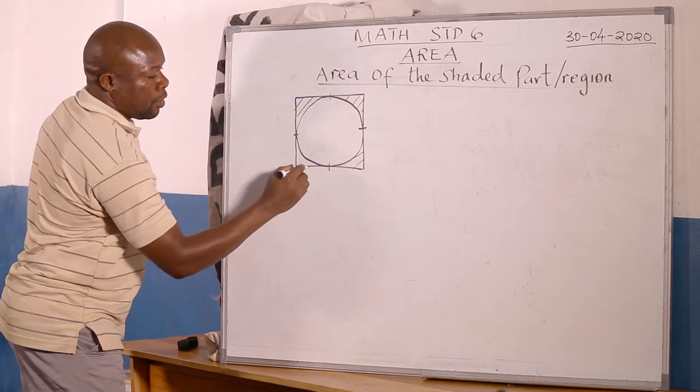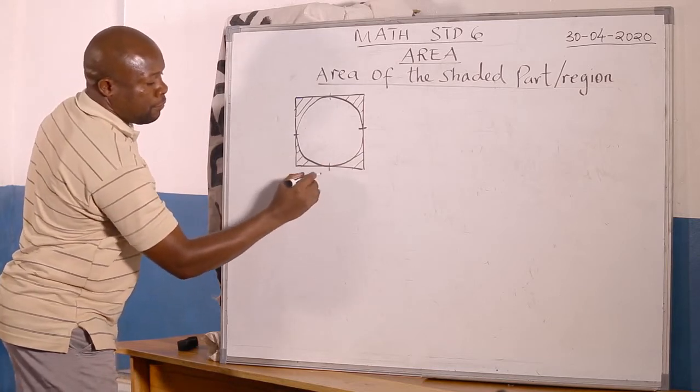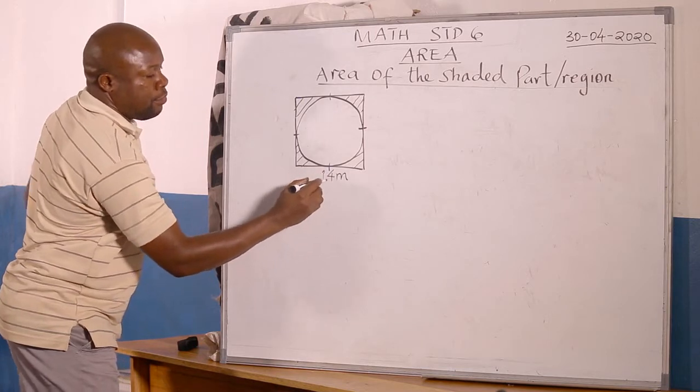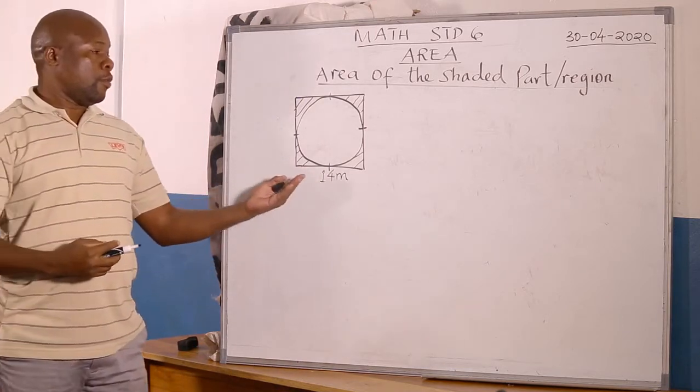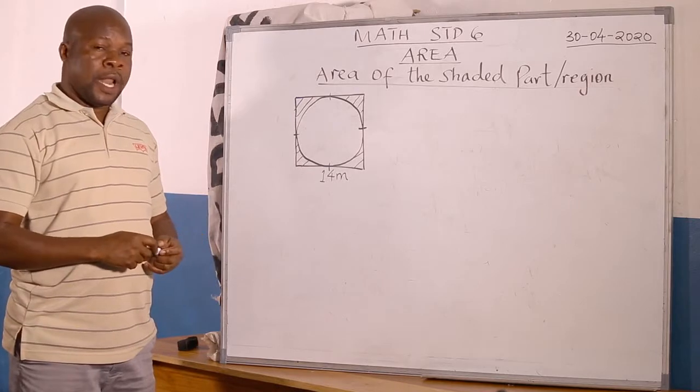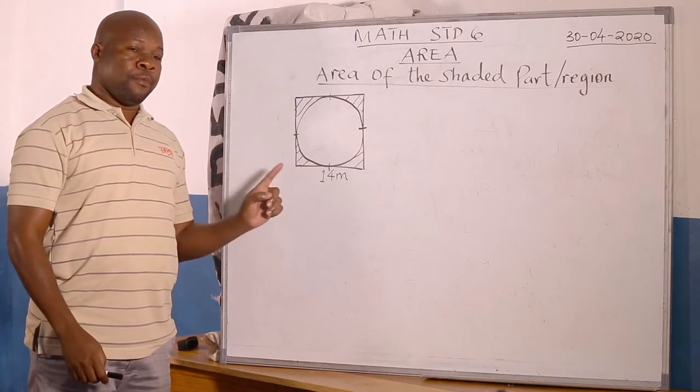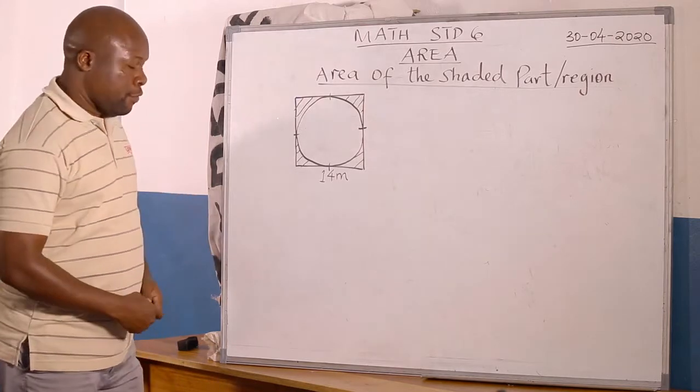Now, given the figure before us, there is a figure on the whiteboard. We would like to find the area of the shaded part from the figure before us.